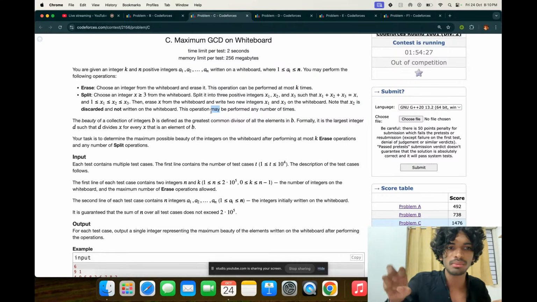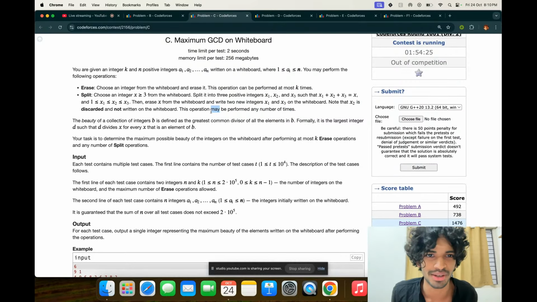Okay, we make them into 3 increasing things, similar to the other one. The beauty of the collection is defined as the greatest common divisor of all. We can do erasures that many times. We can do split, and once we split, we discard one thing, such that x1 is less than or equal to x2, less than or equal to x3.